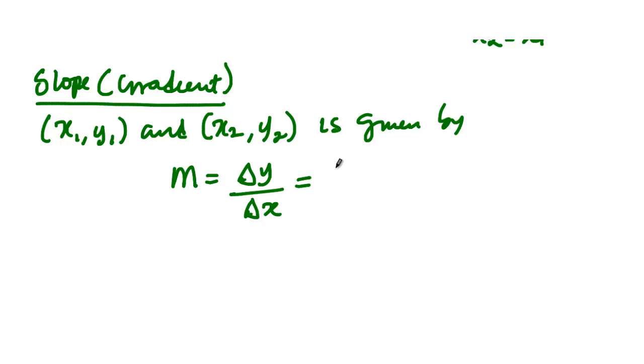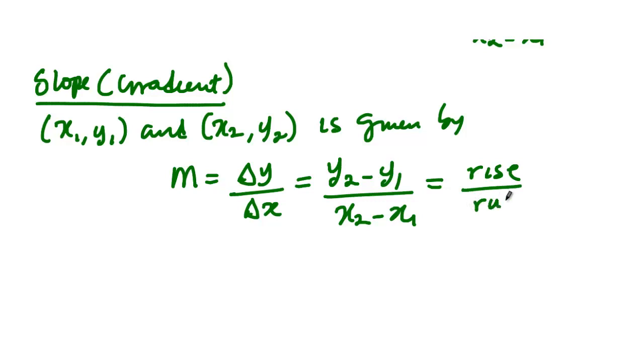So this will give us y2 minus y1 over x2 minus x1, which is the same thing as rise over run.